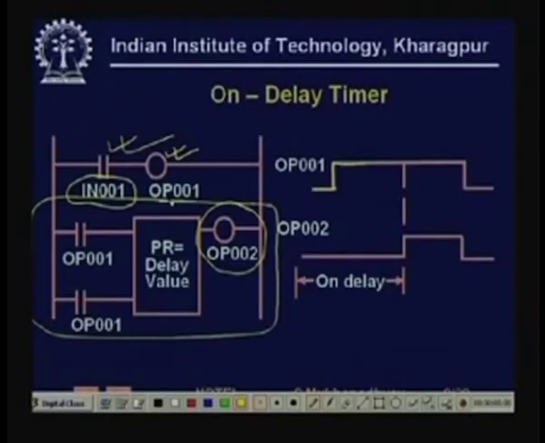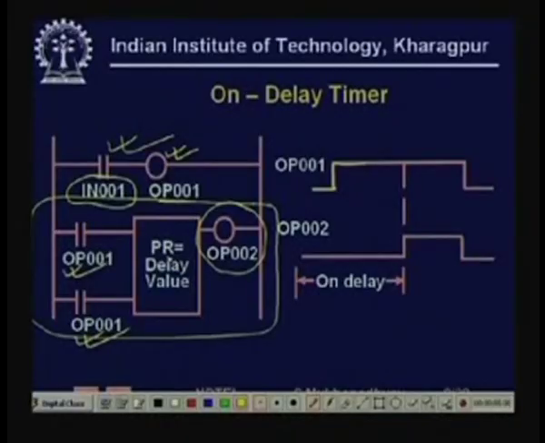Whenever this OP001 goes on, the run logic is enabled and the enable reset logic is also enabled, which means that the timer is timing now. The timing register is getting incremented with the internal clock pulses, and when it crosses the preset register, at that time the OP002 signal will go up.